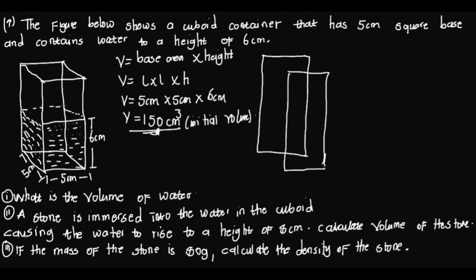So the base did not change. The base remained 5 centimeters multiplied by 5 centimeters. The only part that changed after the stone was immersed was the height. So the height of water rose to 8 centimeters.